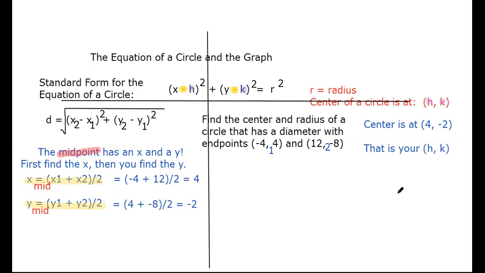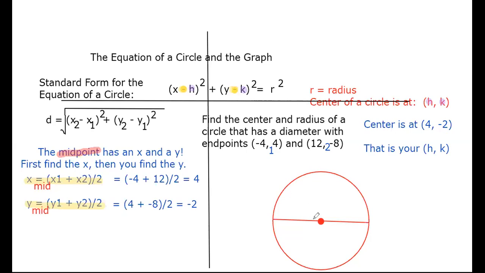Now I need to know the radius. Well, if you look at a circle, the radius, there's my diameter. The very center of the diameter is what we just found. That's the midpoint of the diameter, also the center of the circle. What's the radius?